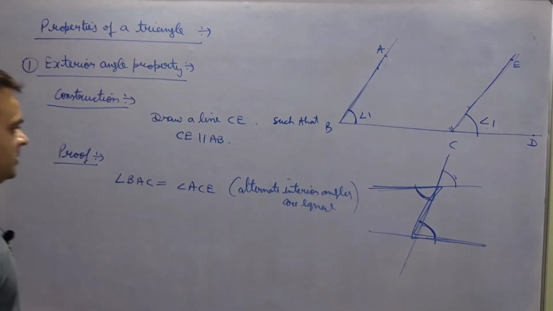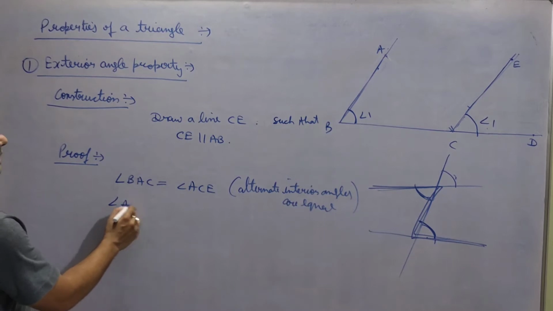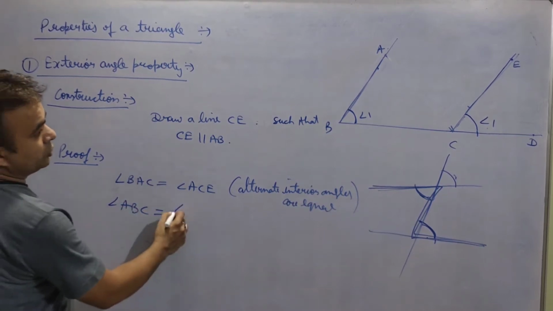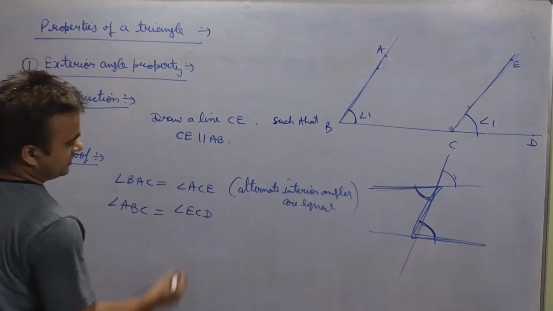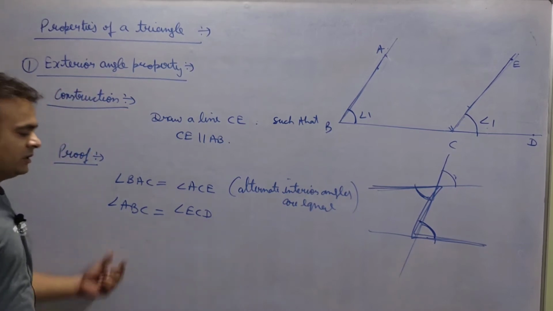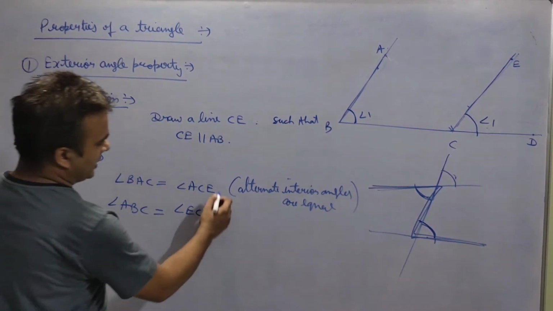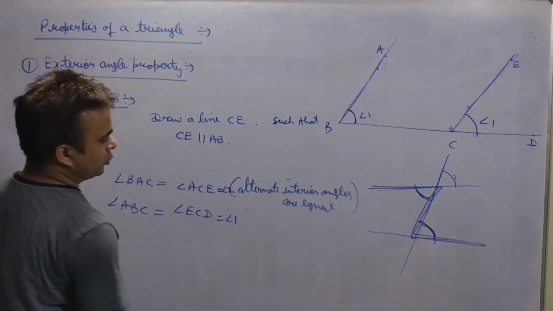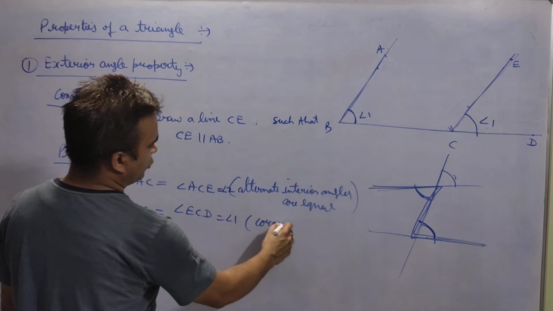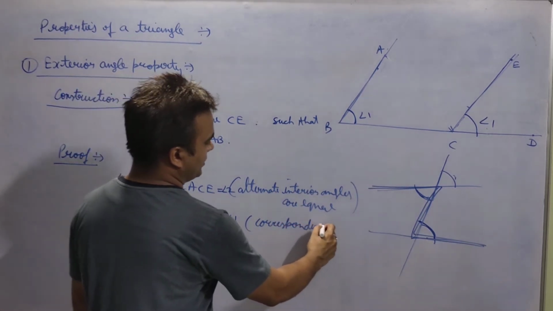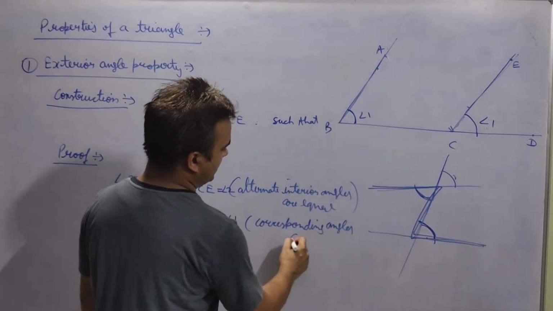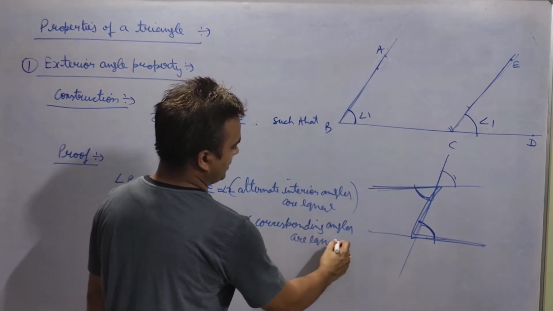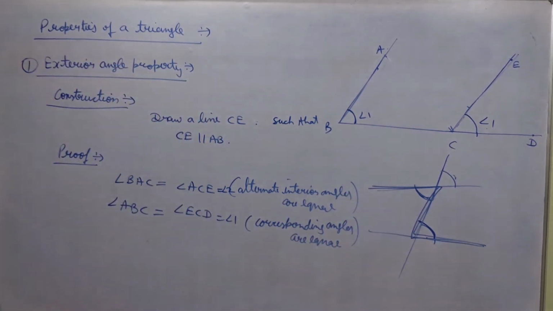So we will write here angle ABC is equal to angle ECD. Please see, I am writing the angle in complete form, and we will write here angle 1. This is angle 2. So this is angle 1. Reason is corresponding angles are equal, right? So this one is clear now.